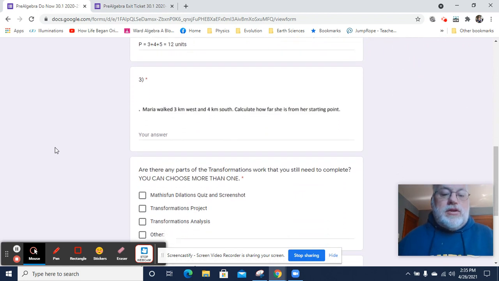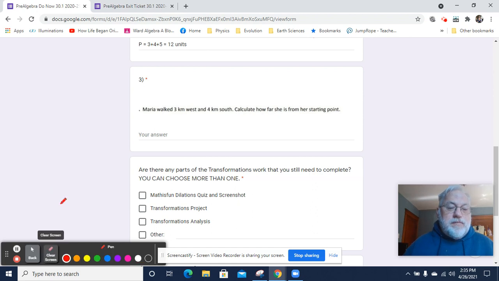Now, Maria walked 3 kilometers west and 4 kilometers south. So she went 3 kilometers west and 4 kilometers south. Okay. Well, this is a right angle. She went west and then south.